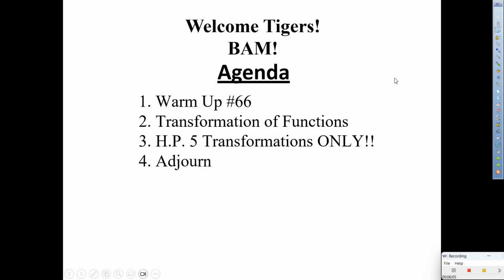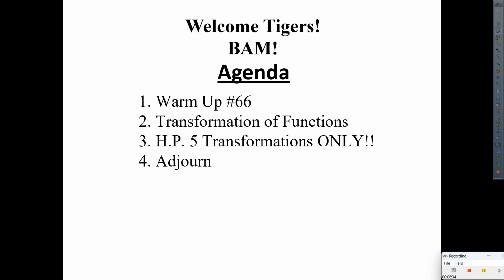Warm-up number 66. Tonight we do have our 5 transformations, so make sure you get that done. Today we are moving on. All right. And here's your code for today's home plate access, IGWY6.